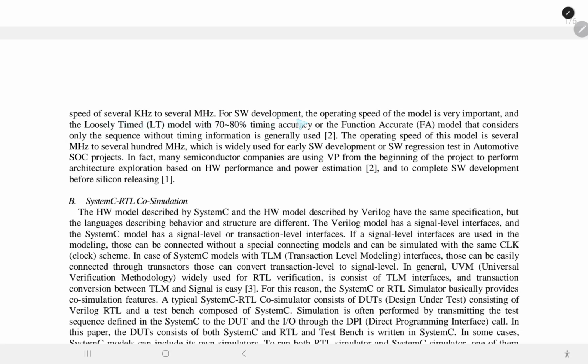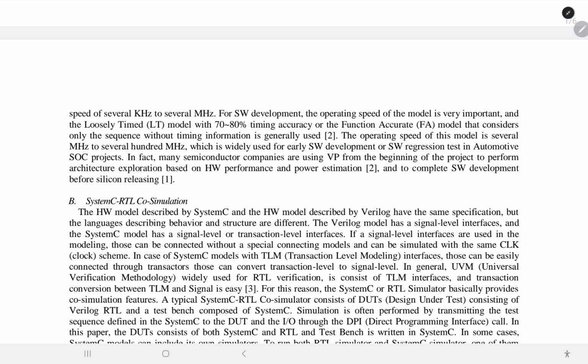For software development, the operating speed of the model is very important, and the loosely timed model with 70 or 80% timing accuracy, or a function accurate model that considers only the sequence without timing information, is generally used.